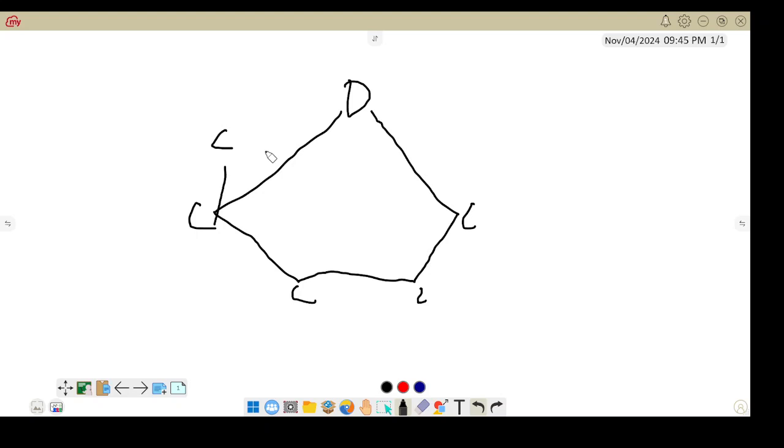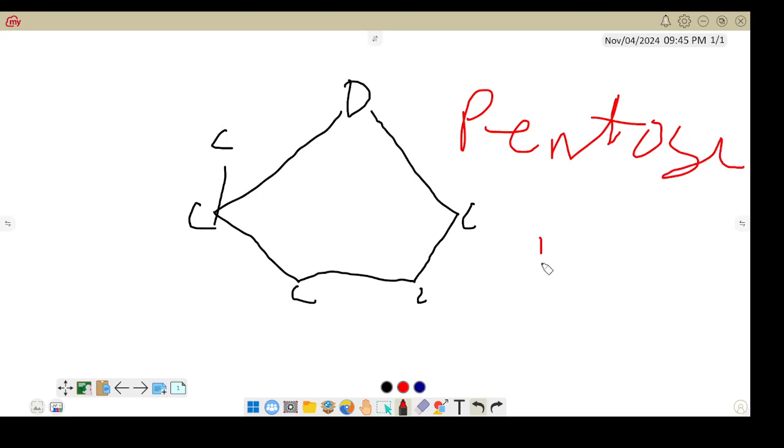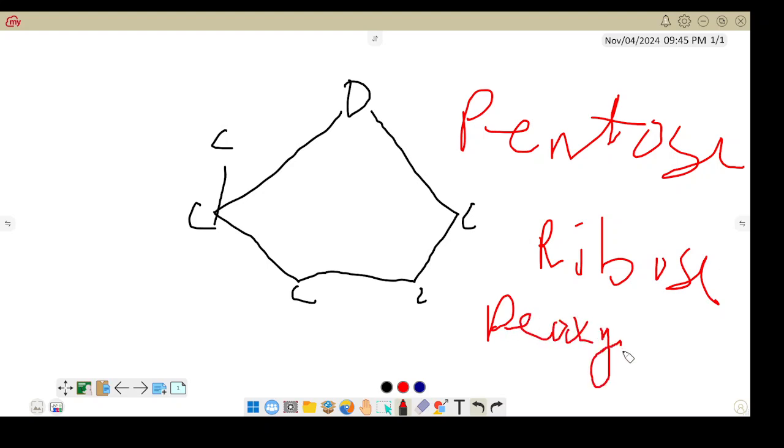And then the difference is on carbon number 2. Now we want to differentiate this pentose. This pentose sugar can either be a ribose, or it can be a deoxyribose.